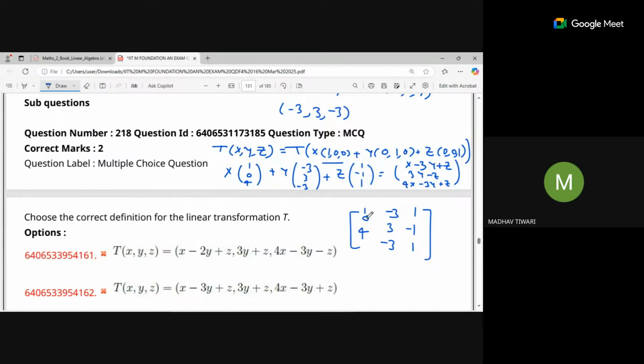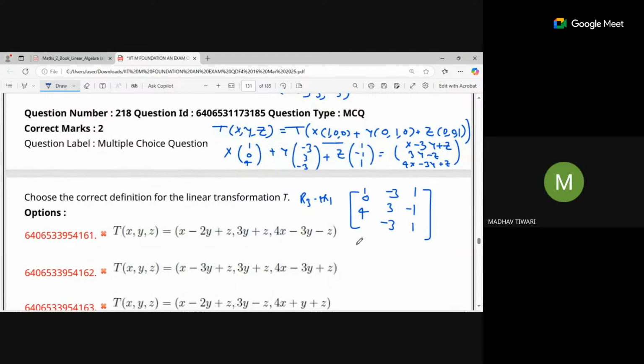Or, if you want, you can do R3 minus 4 times R1. Here I get 1, -3, 1 for the first row, and for the third row, 4 times this one gives minus 12 plus 12, so 9, and 4 times this one is minus 4, and adding here gives minus 3.